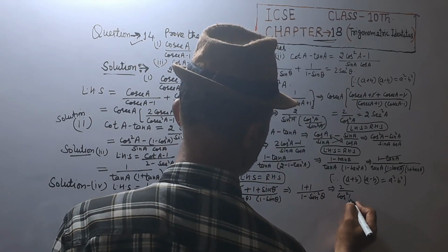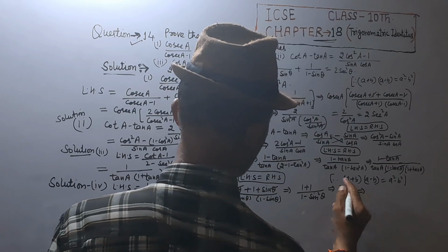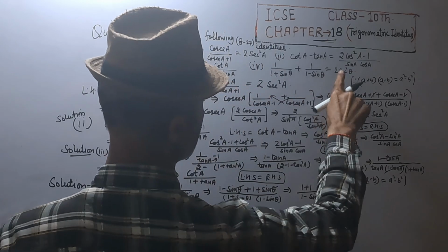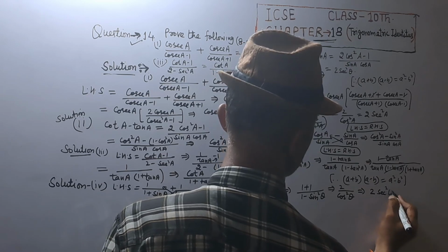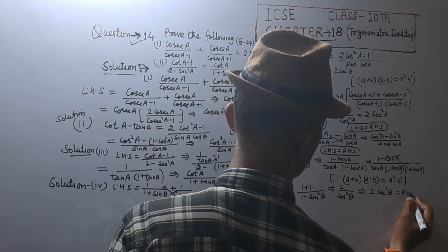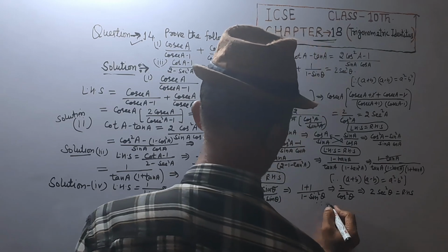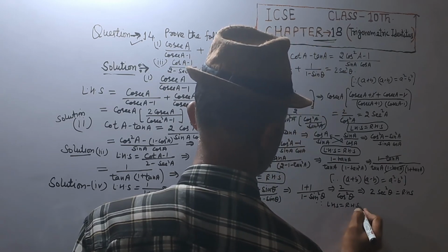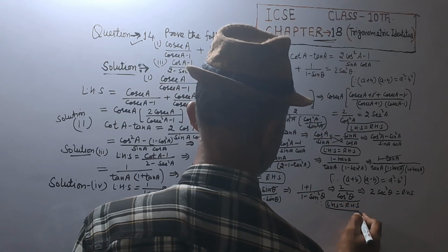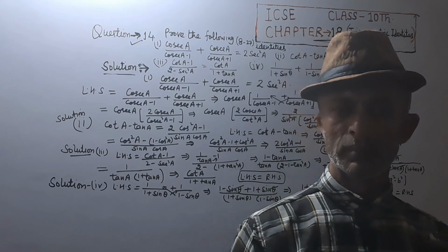So 2 upon cos square theta is equal to 2 secant square theta, it's our right hand side. So left hand side is equal to right hand side. Hence proved. Thank you.